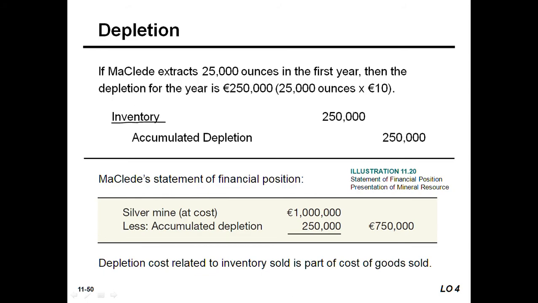So they will debit inventory with the amount of depletion, and accumulated depletion would be credited. And in their balance sheet, they are going to show maybe gold at a cost of $1 million and less accumulated depletion of 250,000. So the book value would be 750,000, and depletion cost is related to the inventory, and it goes into the cost of goods sold when you prepare your income statement.